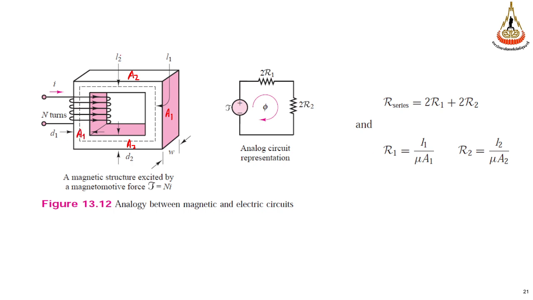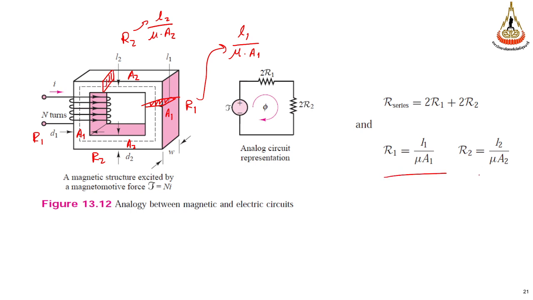And this is R2, R2, this is R1, R1. So R1 will be L1, this length, divided by mu with A1, where A1 is the cross-sectional area of this part. Similarly, R2 would be L2 divided by mu into A2, the cross-sectional area here and here.